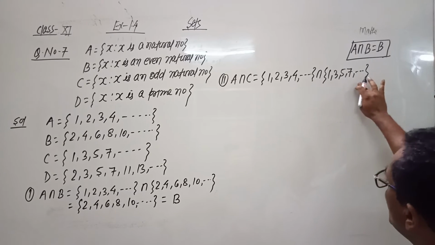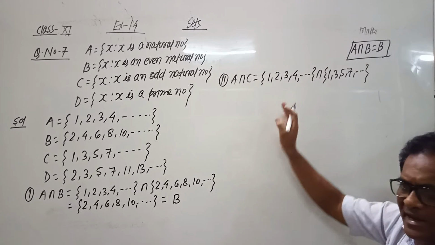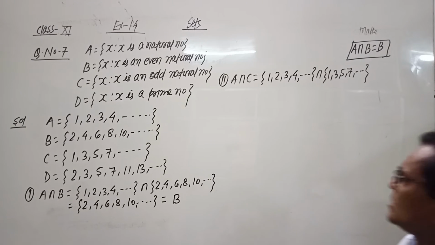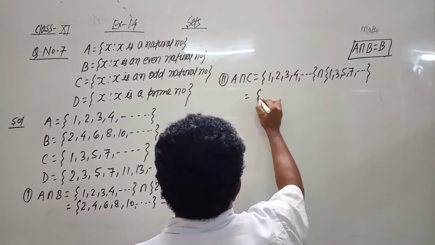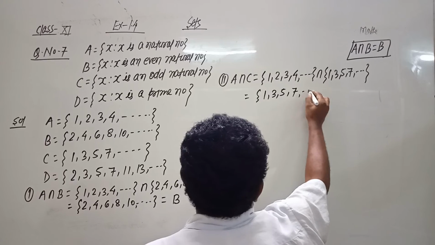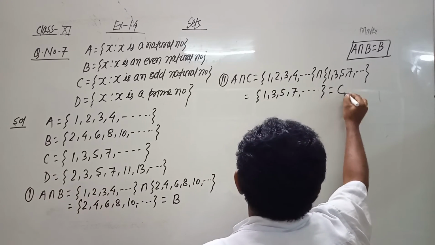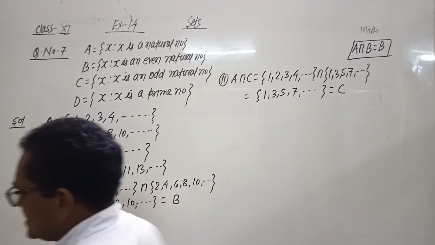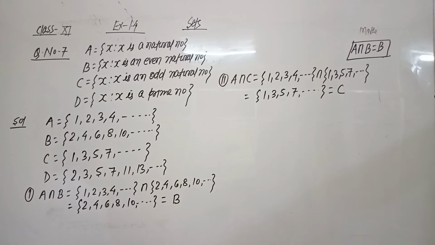So all the odd natural numbers are also available in the natural numbers. So the common terms will be the odd natural numbers 1, 3, 5, 7 and so on. So we can write that A intersection C equals C. Then A intersection B.